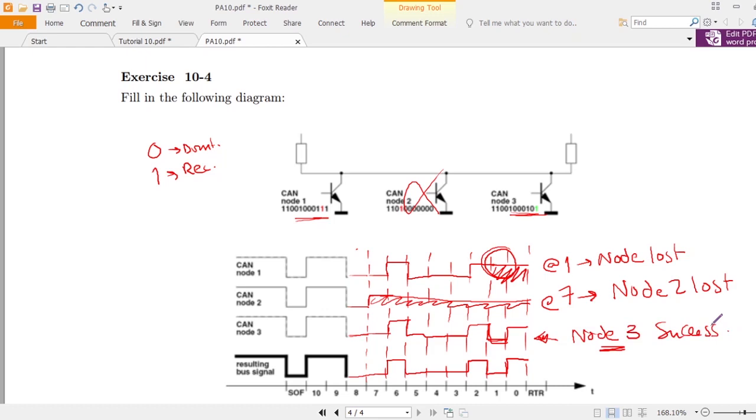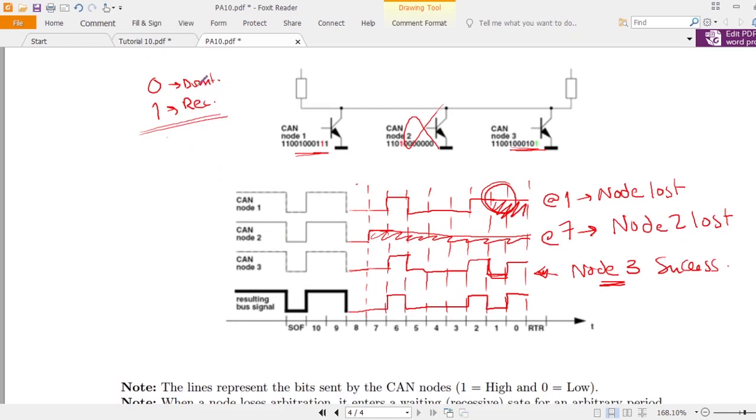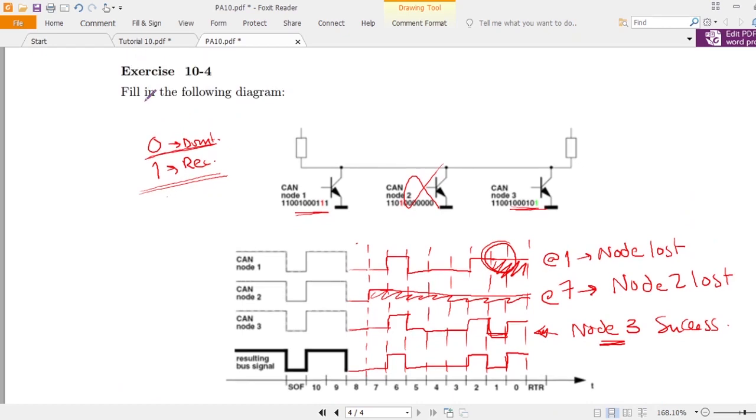Okay, because again we had here at bit number 7, node 1 was 0, node 3 was 0, node 2 was 1. 0 is the dominant one, 1 is recessive, so it got kicked out, and node 1 and node 3 kept going together until node 1 lost the arbitration at bit number 1, and node 3 is the first node to get transmitted on the CAN bus.